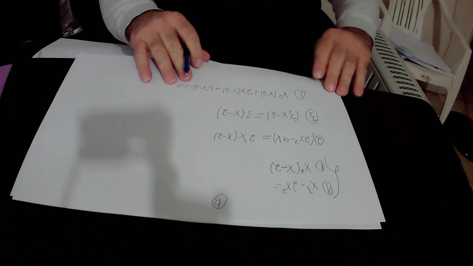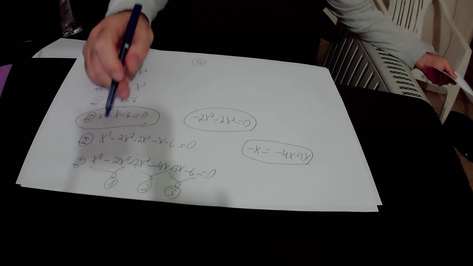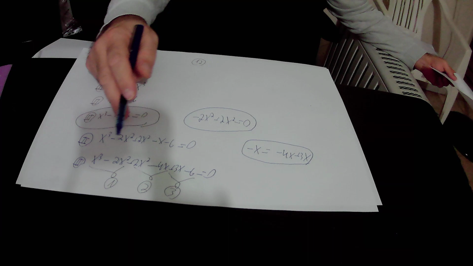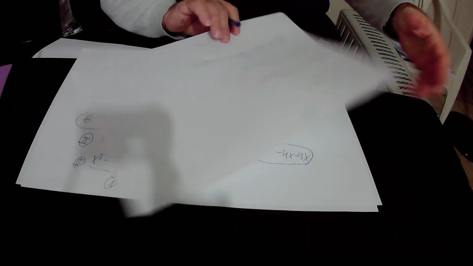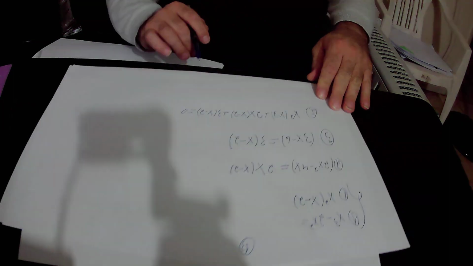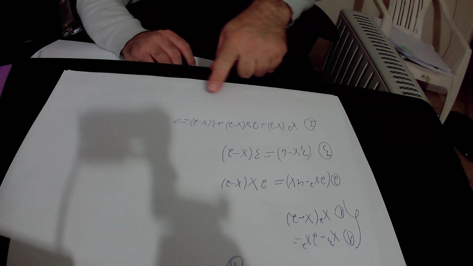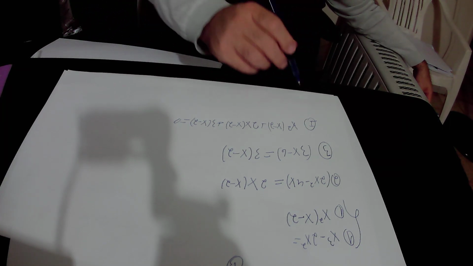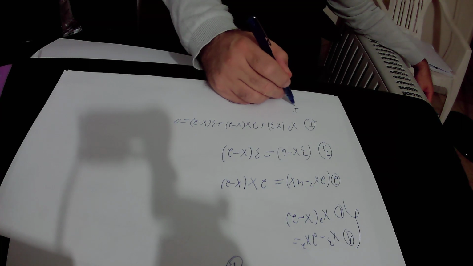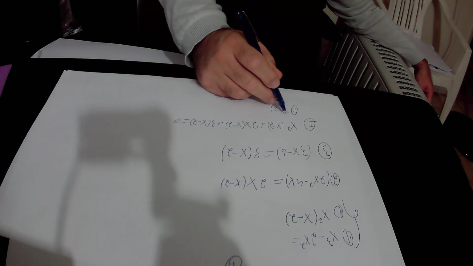As you can see, the sum of those 3 expressions equals 0. So here we will take a common factor of x minus 2 out of this equation number 1. So x minus 2 is a common factor of this expression.